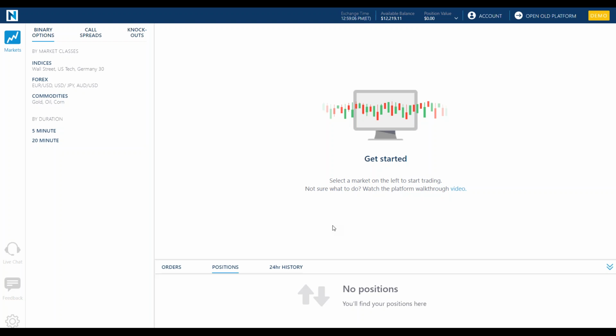In a demo environment, you're only interacting with other people who are in the demo environment. So it's going to behave differently than the live markets, but the prices that we see are the ones that you would see in the live environment.